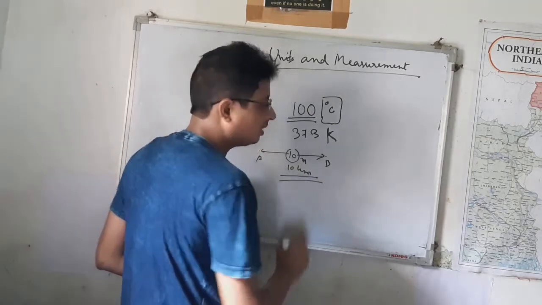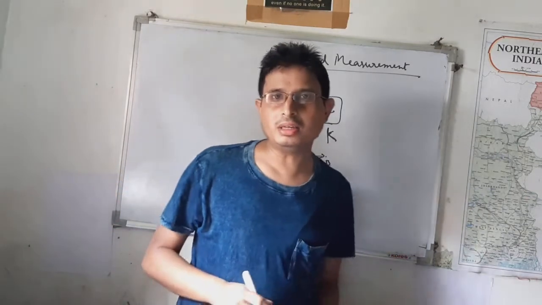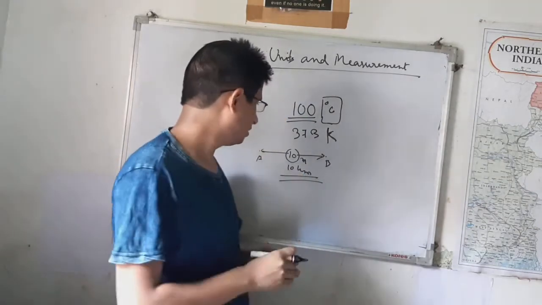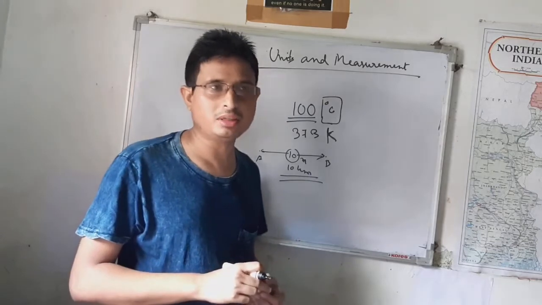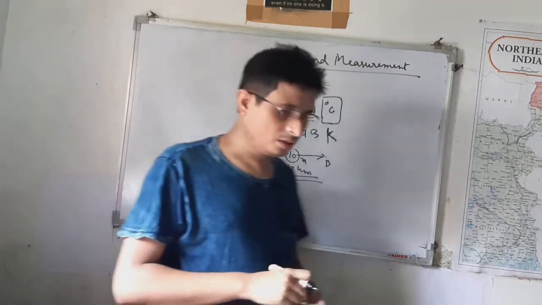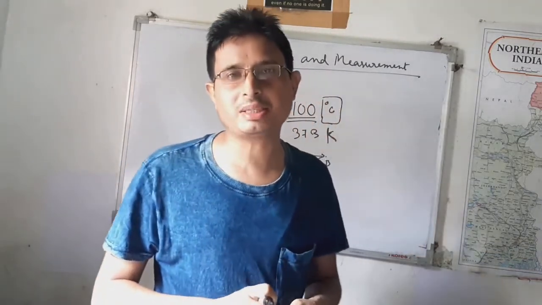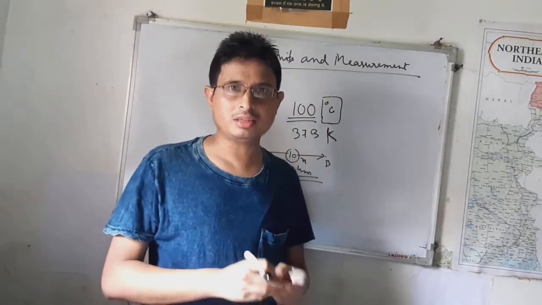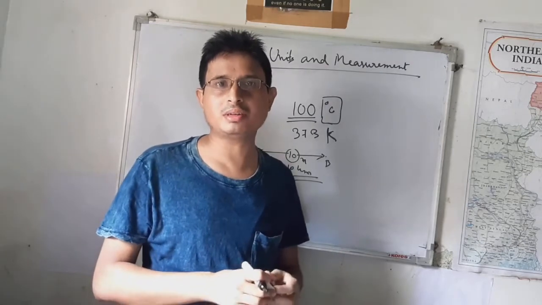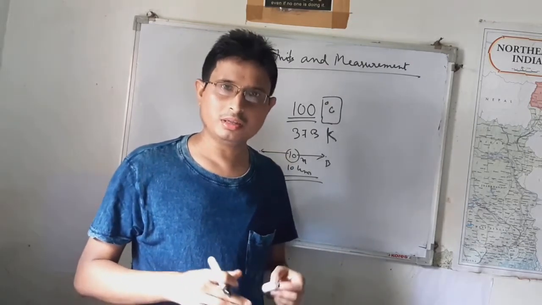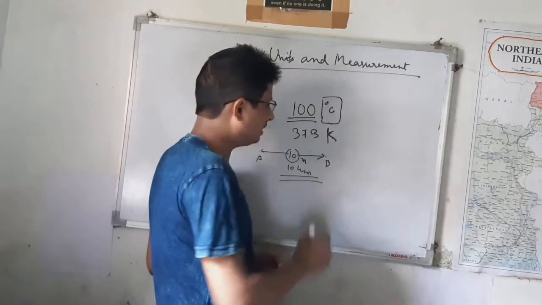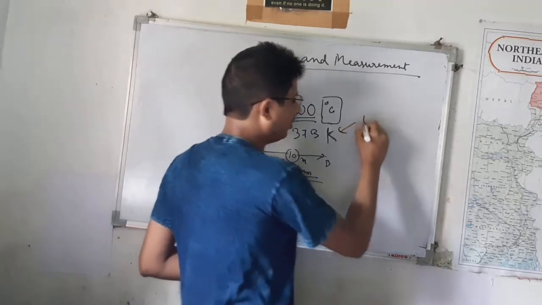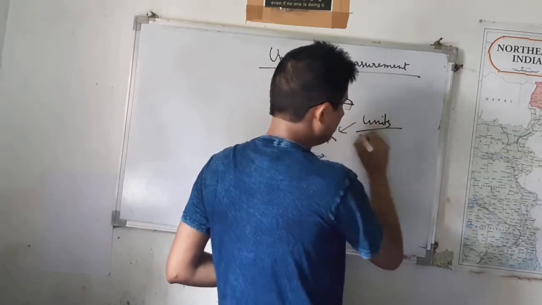Only then will it give all the information about the distance between 2 points. So physical quantities can be expressed in terms of numerical values as well as some suitable reference. Those references are known as units. So here degree Celsius, Kelvin, meter or kilometer, these are all units.